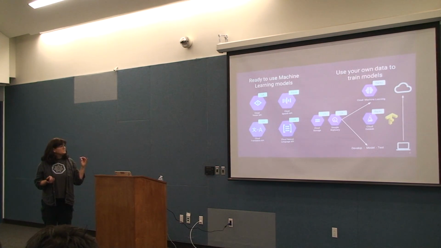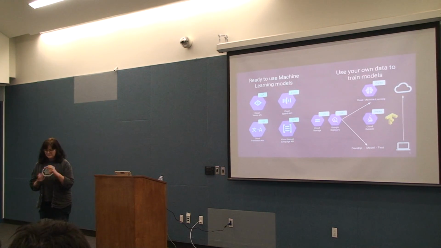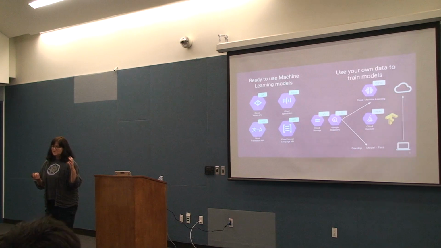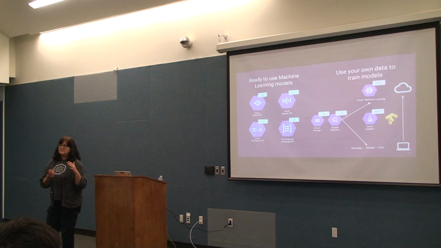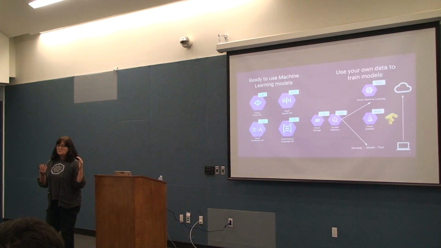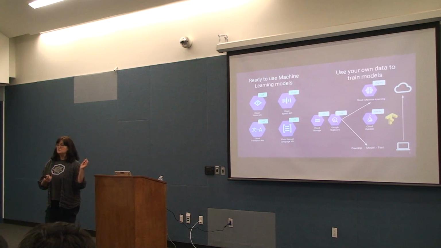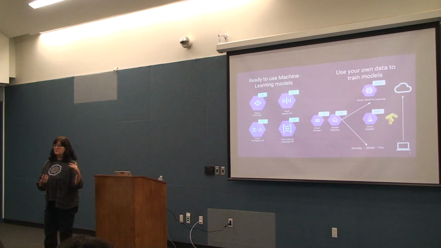So there's kind of two things going on at Google in the area of machine learning. One is a set of pre-baked APIs that you can just use. They're really easy to use from the mobile app. They're really fun. They're really powerful.